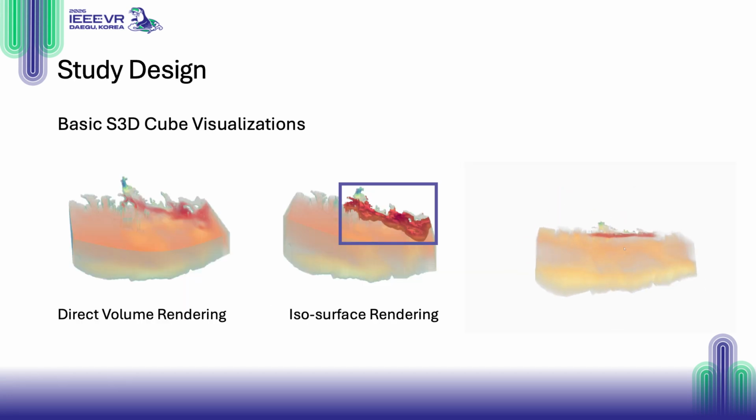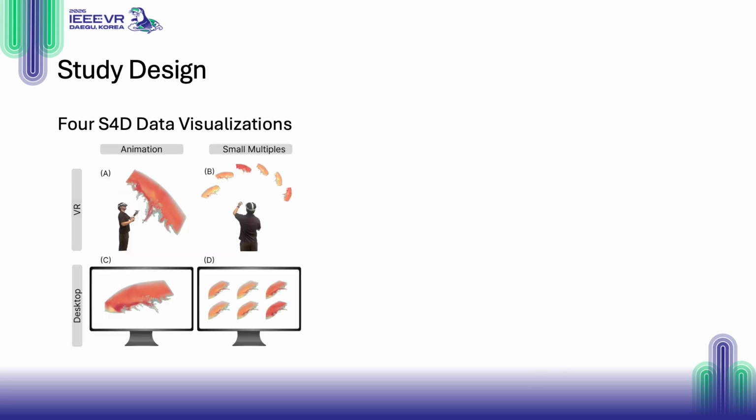We first visualize spatial 3D data at one timestamp as a cube with standard direct volume rendering and isosurface rendering to provide both global and local context. Building upon the S3D cubes, we design four S4D visualization techniques across two visualization types and two displaying environments.